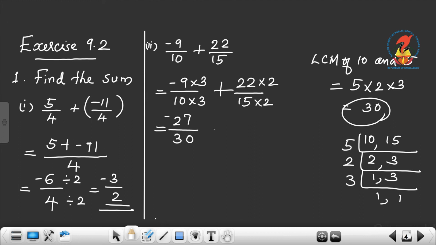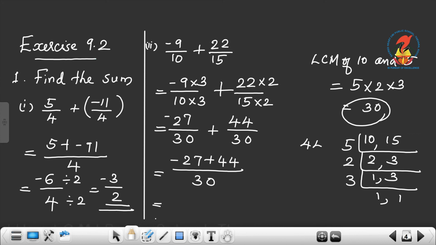Negative 27 by 30 plus 44 by 30 is equal to negative 27 plus 44 by 30, which is 44 minus 27, 17. 17 by 30. So the answer is 17 by 30.